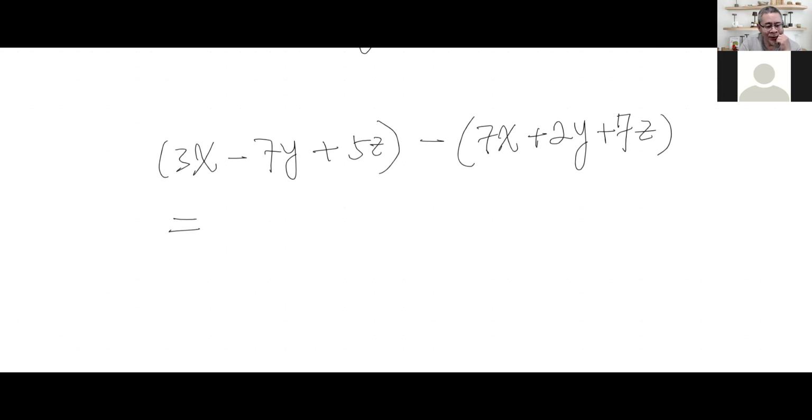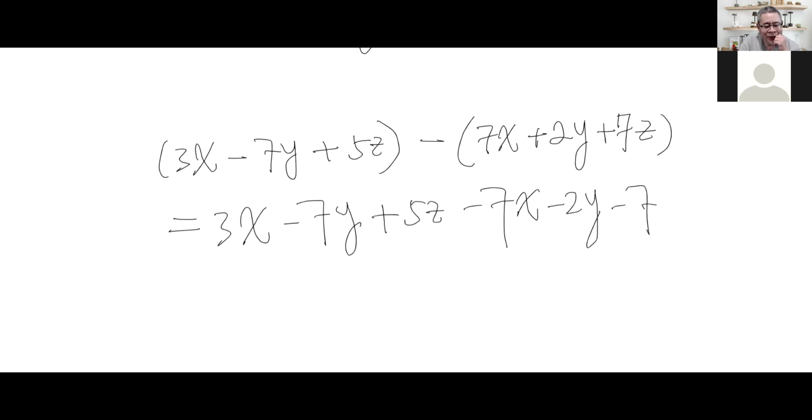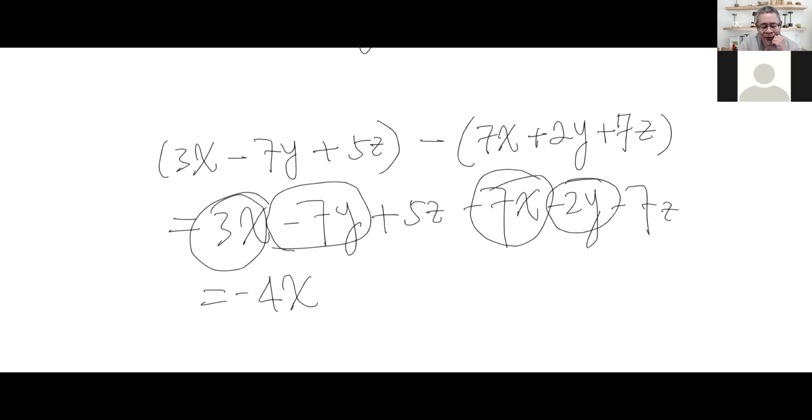Okay. All right. We got 3x minus 7y plus 5z minus 7x minus 2y minus 7z. You can see that 3x minus 7x, you get that correct, minus 4x, but negative 7y and minus 2y, that should be minus 9y.